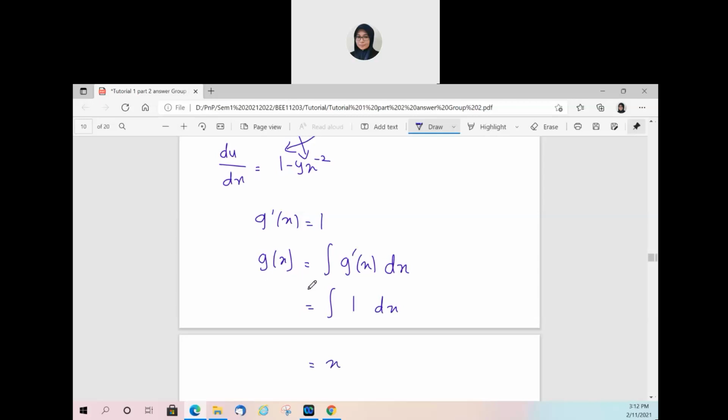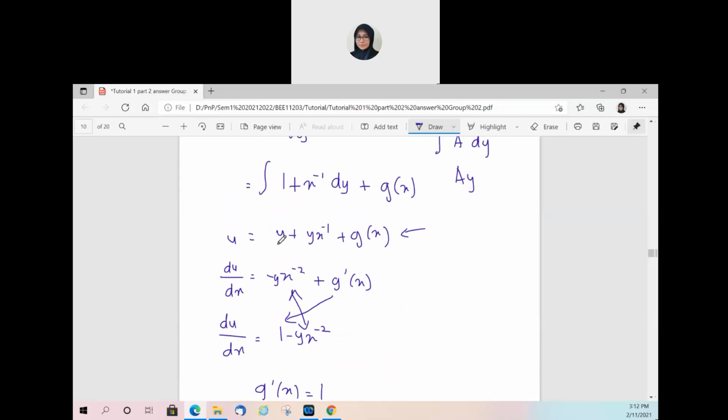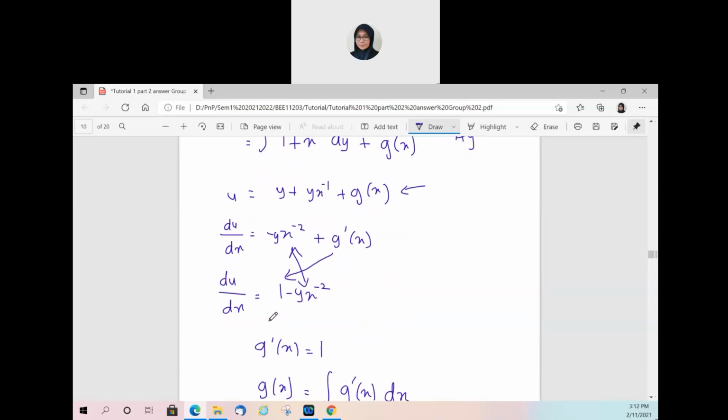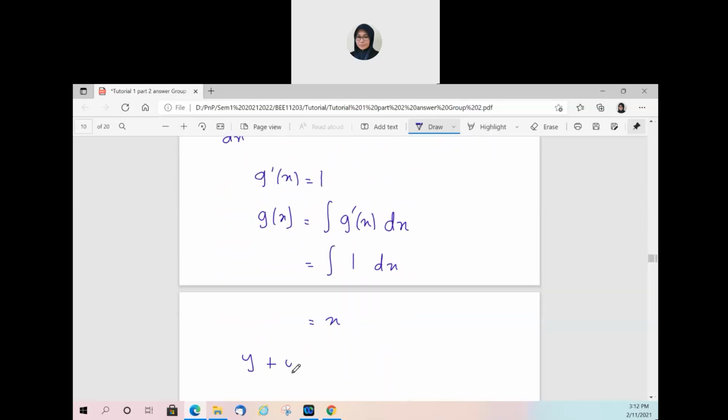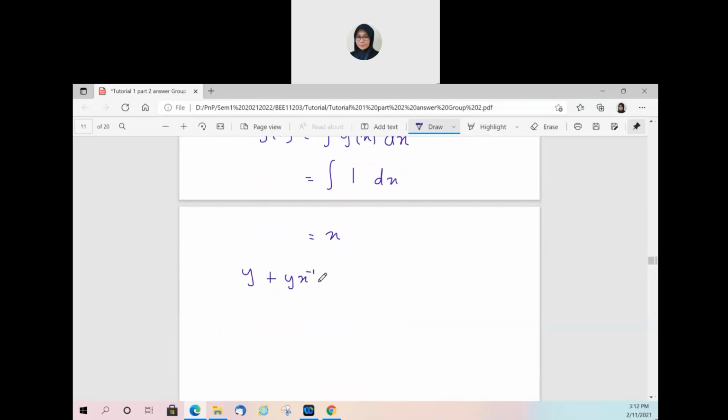So gx equals to x. Okay, you replace gx inside these equations. Then y plus y x minus 1 plus x equals to, oh sorry, this one plus c, dia ada c lagi, we have constant juga.